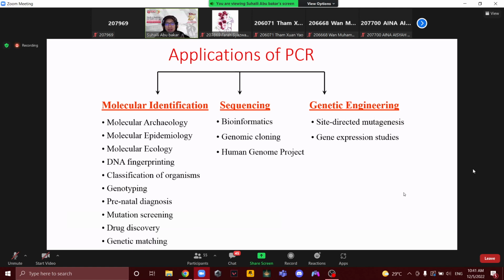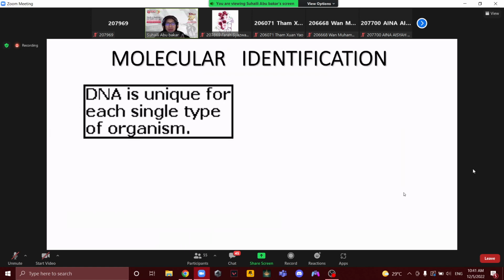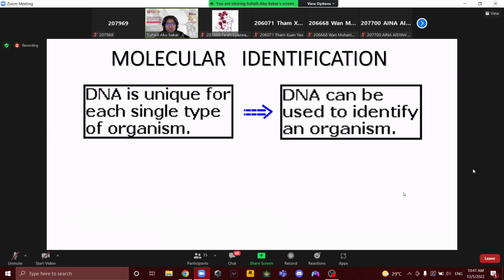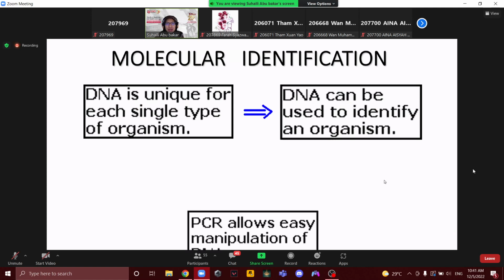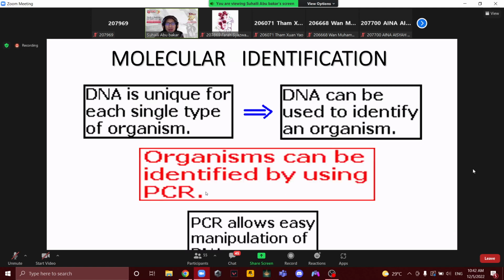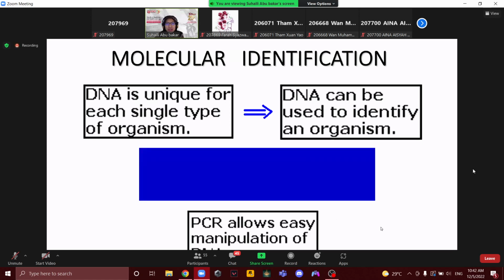This is molecular only. Something like the example, this one with COVID, you can relate to COVID. DNA is unique for each type of organism. So for example, we want to detect the COVID-19 virus and then isolate it. Organisms can be identified by using PCR.